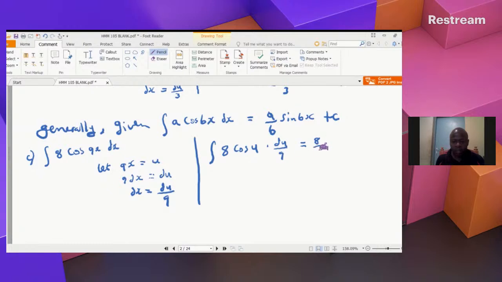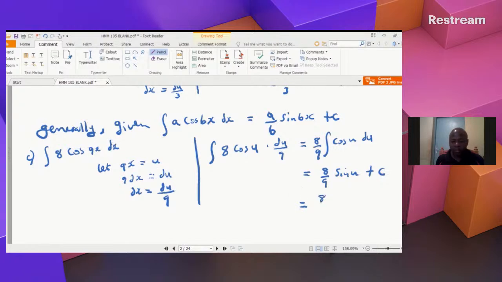This would be 8 out of 9, the integral of cos of u du. So this gave us 8 out of 9 sine of u plus constant of integration. Of course, we know what u is: u was 9x.